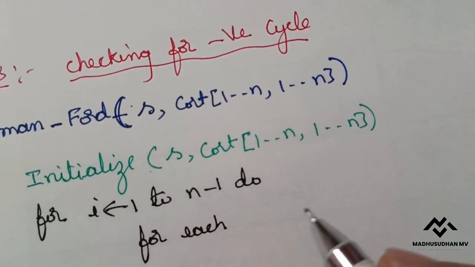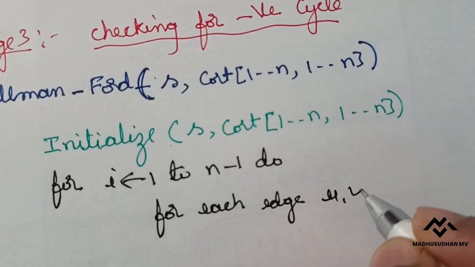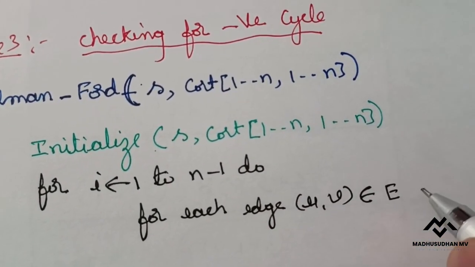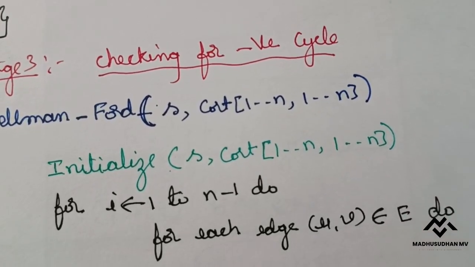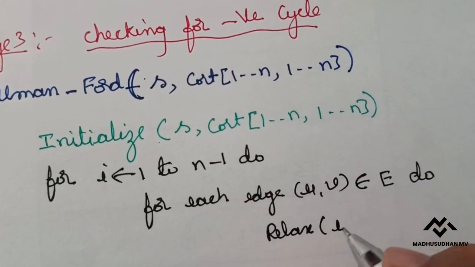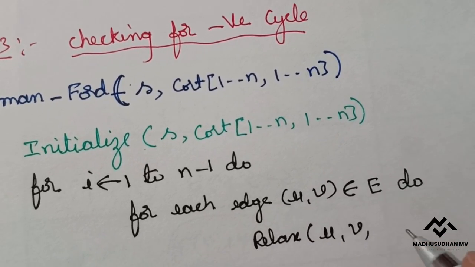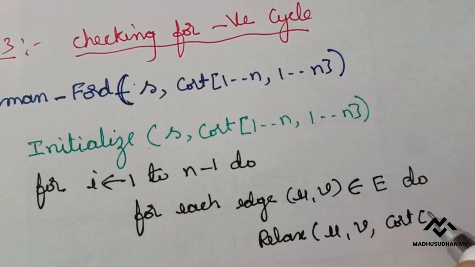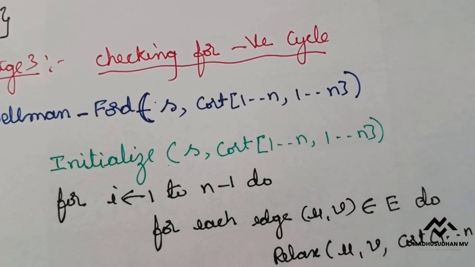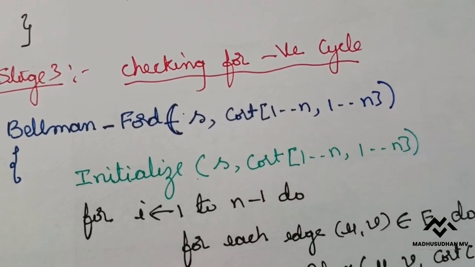For each edge u comma v that belongs to the set of edges of the graph, you call the relax algorithm by passing from which vertex to which vertex and the cost adjacency matrix. That's it. End for.